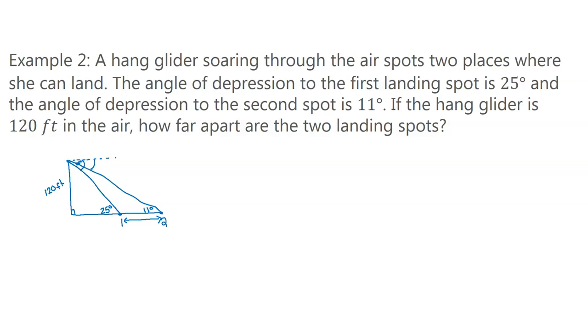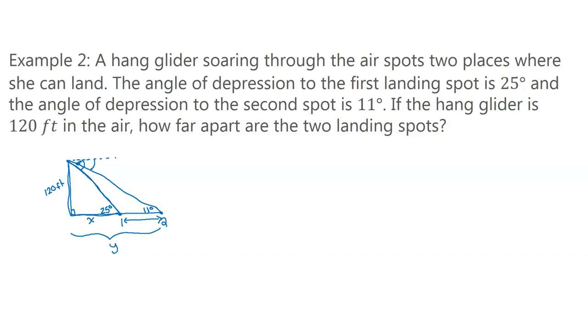Now what I'm going to do to find the distance between 1 and 2 is first find x, then I'm going to find y, and then I'll subtract them, and then that will tell me how far apart the two landing spots are. So in order to find x, I'm going to focus on the small triangle here.